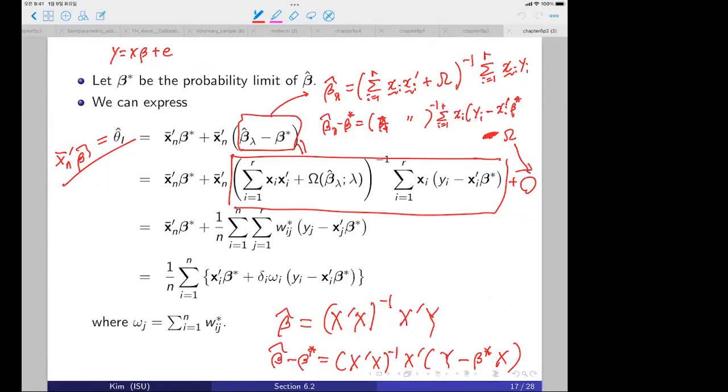And this form itself is a doubly robust form in the sense that if this is the inverse of the probability of response, then you have a cancellation, and then this will be unbiased, right?